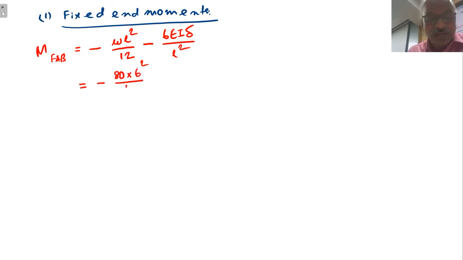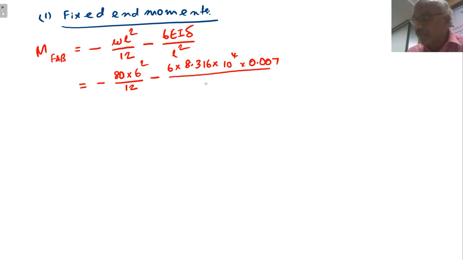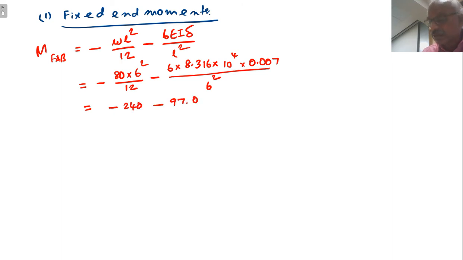So 80 into 6 square by 12 minus 6 into EI, which is 8.316 into 10 power 4, delta equal to 0.007, by L square, which is 6 square. So this value will be minus 240 minus 97.02, equal to minus 337.02 kilonewton meter.